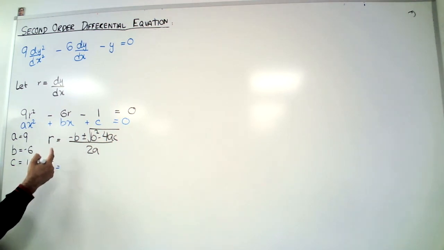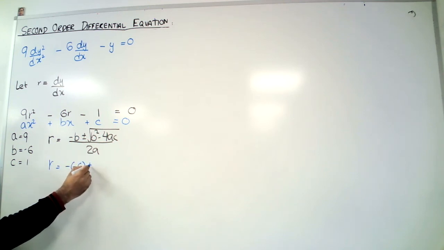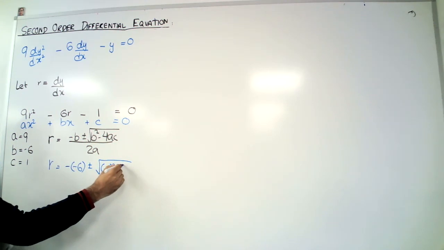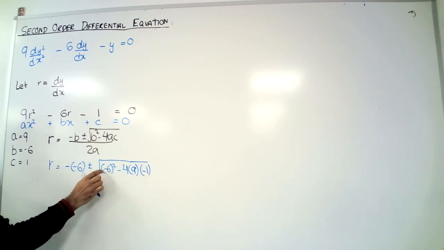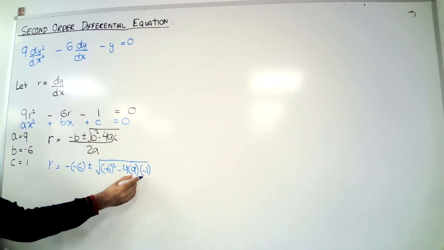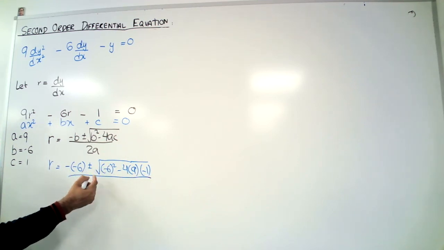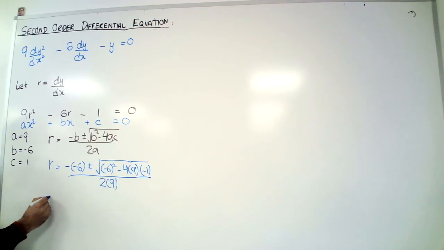When we put that in this formula, minus b, so that is minus minus 6, plus minus root of b squared. So minus 6 squared minus 4 times the a, which is the 9, times the c, which is minus 1. Make sure you put minus 6 in the bracket and then square it. Otherwise, you will get minus 36, which is wrong. Yeah, that should be 36. Times 2 times a, which is 9. You put that one, you will have two answers.